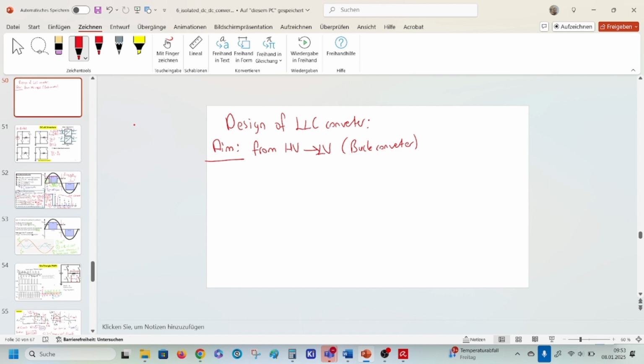And what were the key important design parameters, let's say?